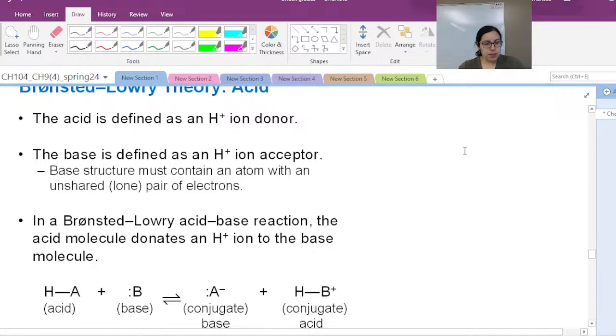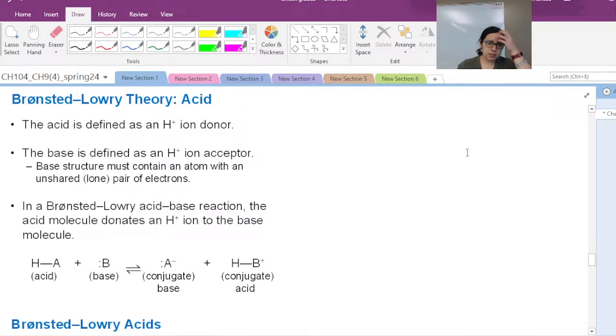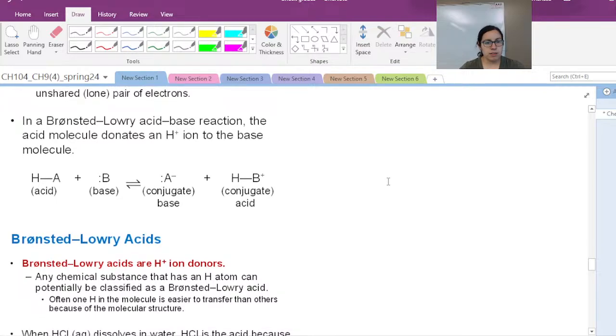Then the key, and we'll zoom out because this is our key for acid-base: our acid is defined as our H+ ion donor. So that must mean that our base is our acceptor, and we'll see how that works. Then we usually try to identify our acid-base species.